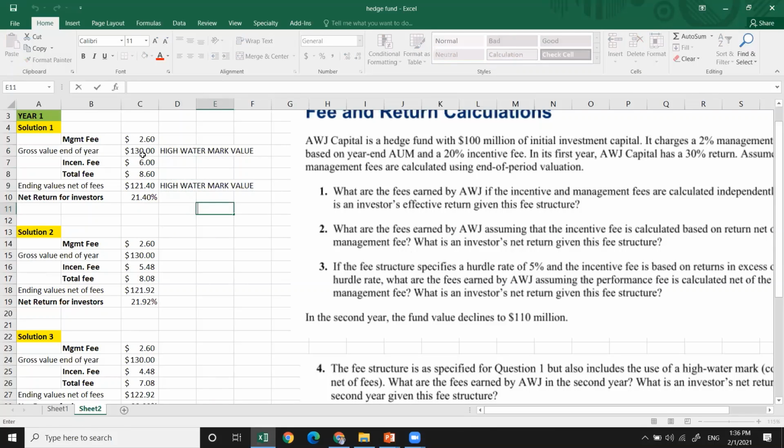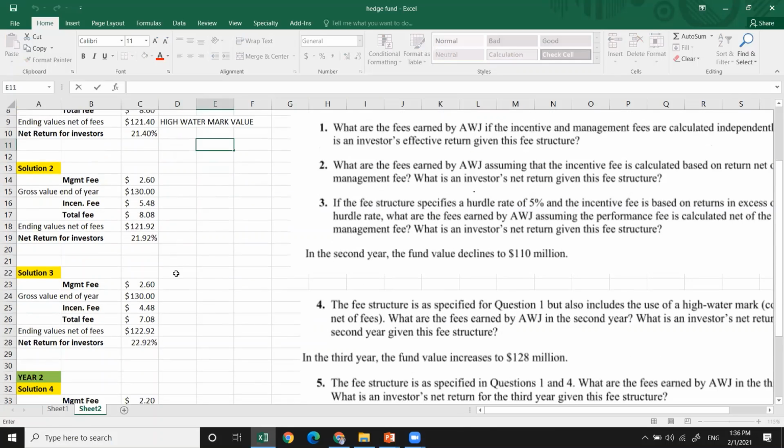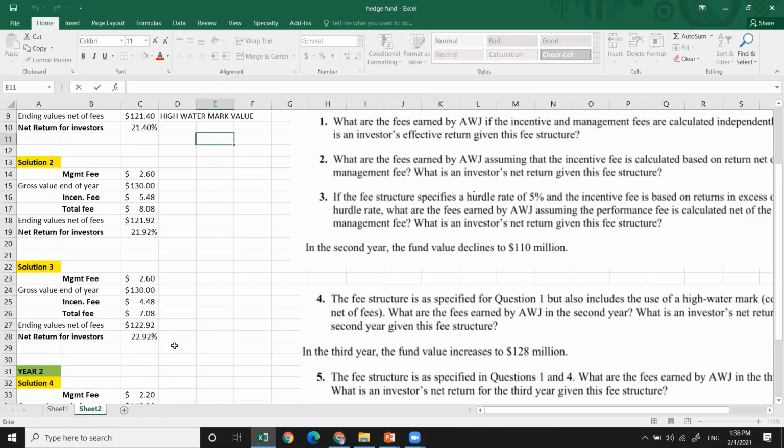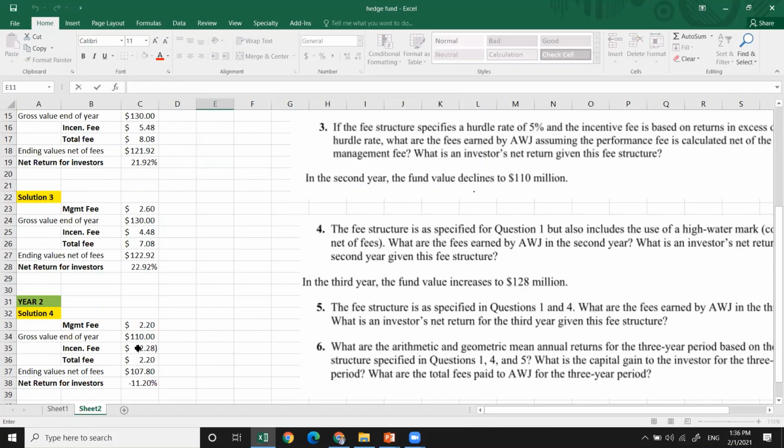If anything falls below this 121, we can be sure that we will not earn anything as managers of the hedge fund based on performance. As we can see, the value falls below the high watermark.